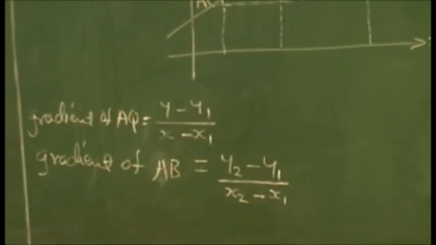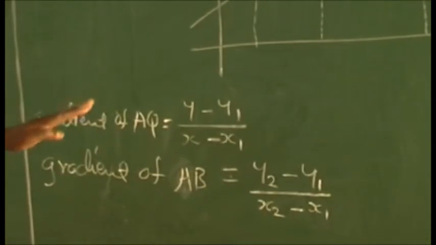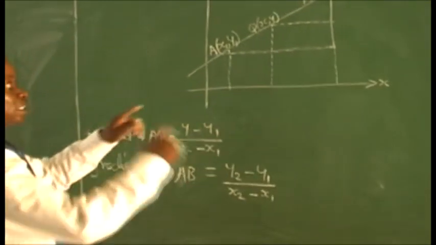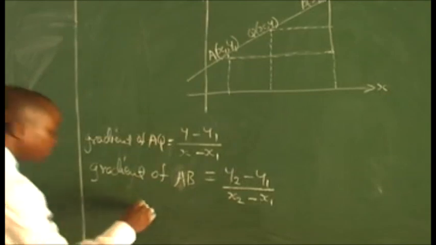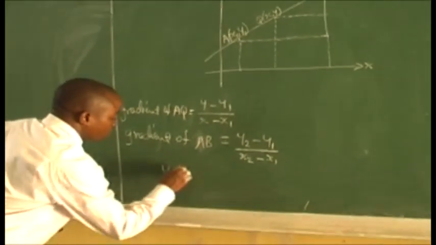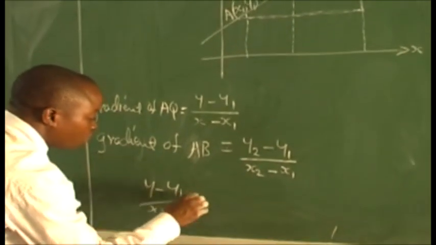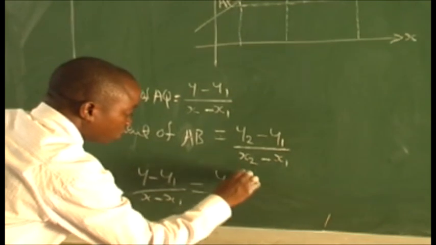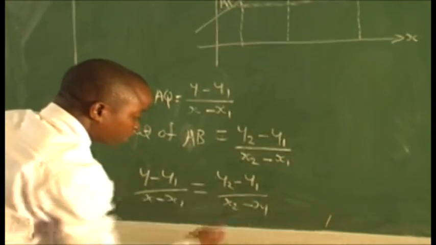And so for us to form the equation of a line that passes through two points, it means this one, y minus y1 all over x minus x1, will be equal to this one, y2 minus y1 all over x2 minus x1.